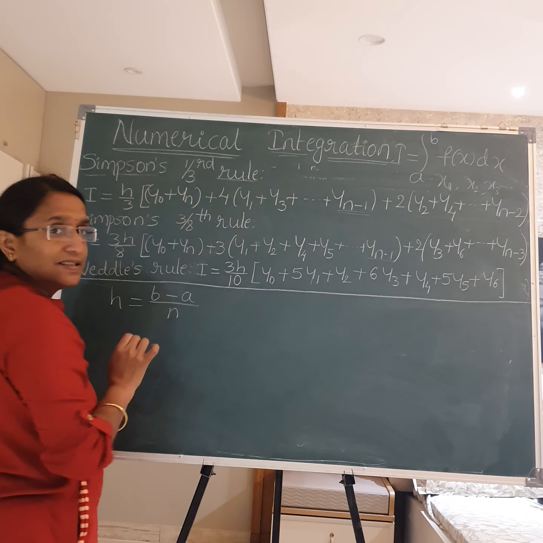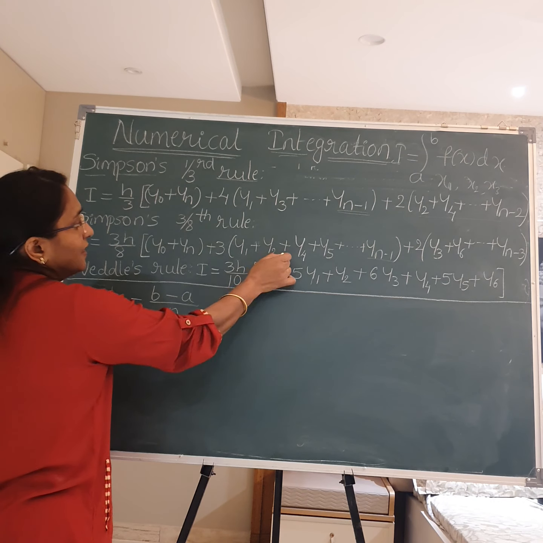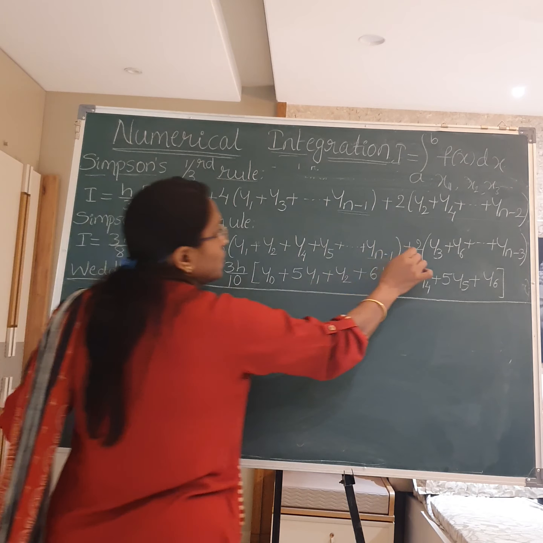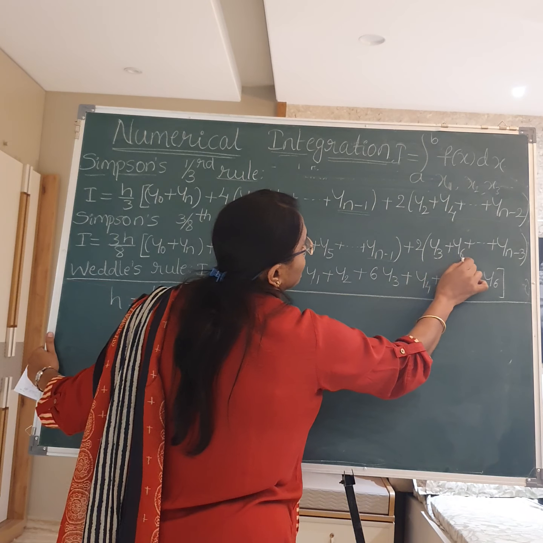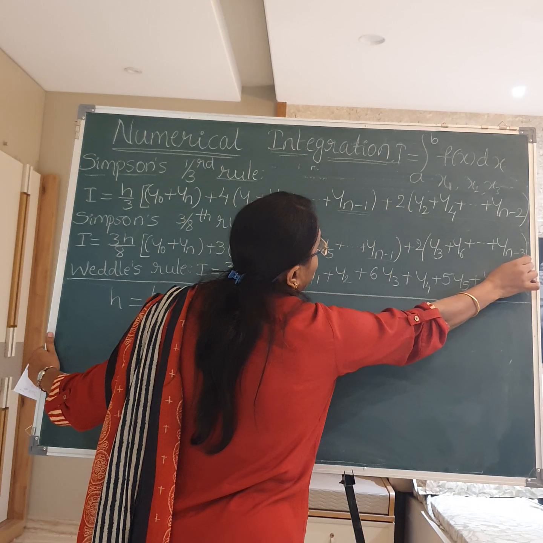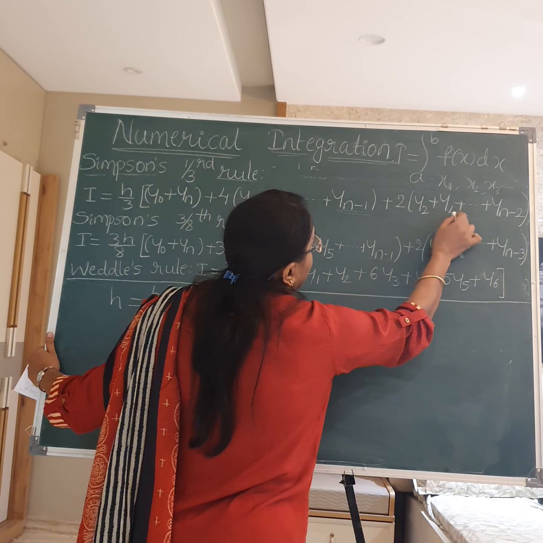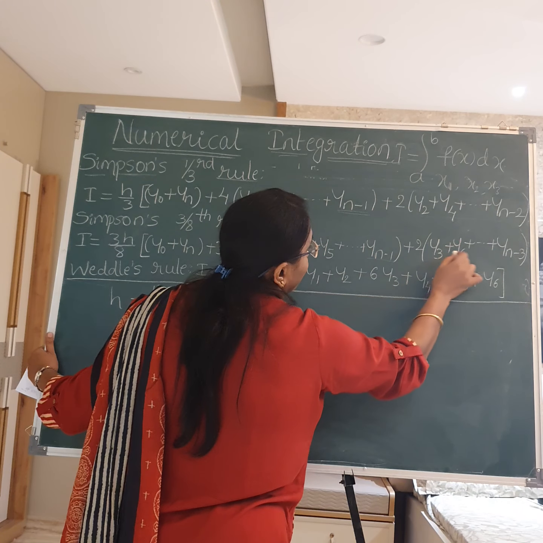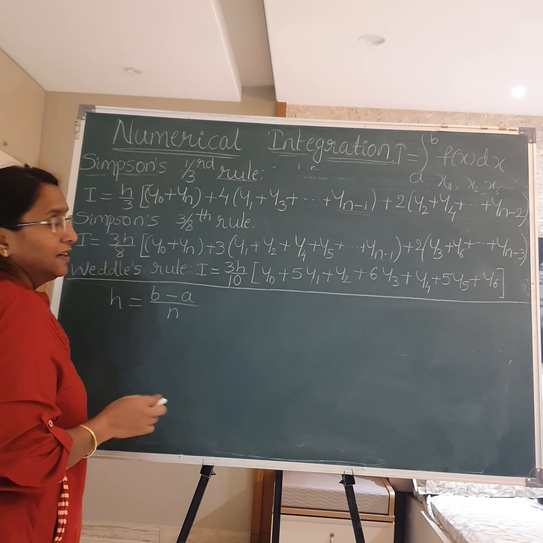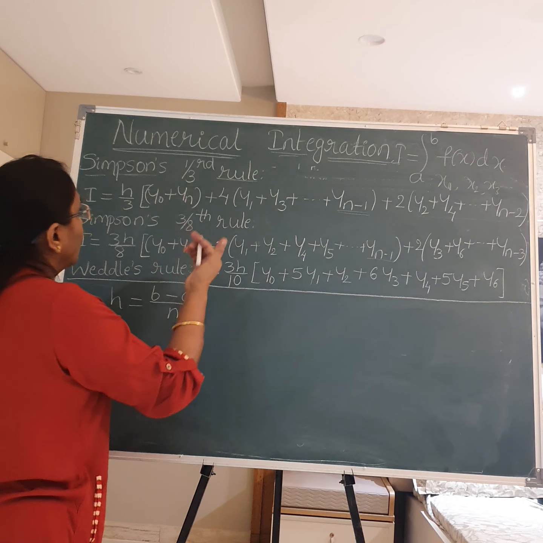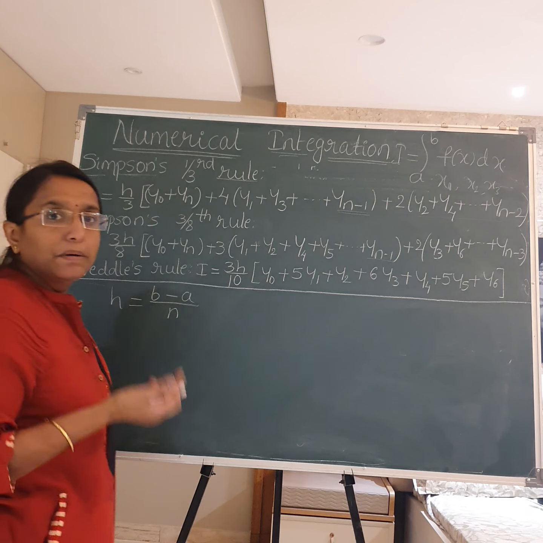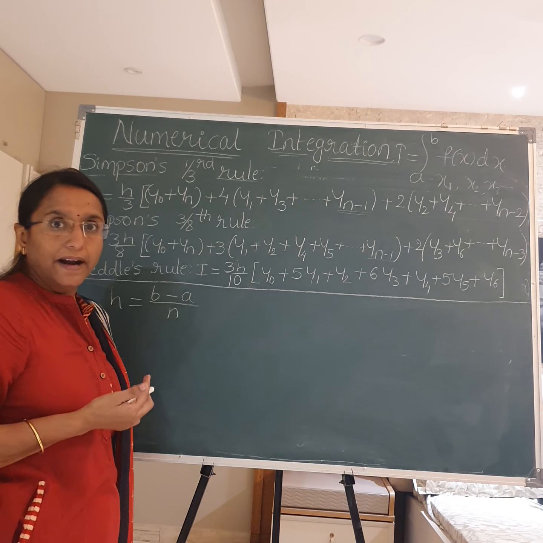Here y3 is not there. Plus 2 into y3 plus y6 plus up to yn minus 3. Here we take multiples of 3. So just compare both and try to remember the formula instead of by-hearting it.